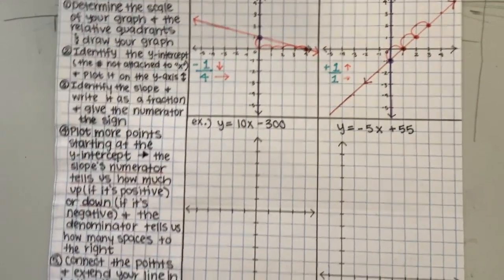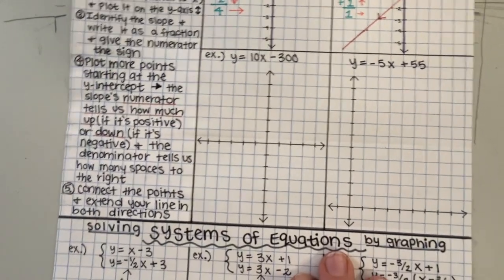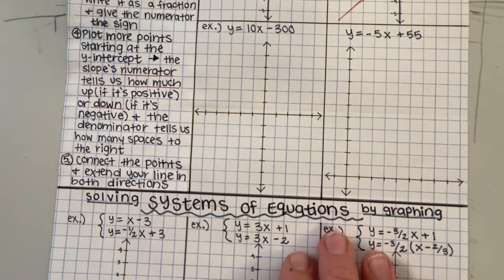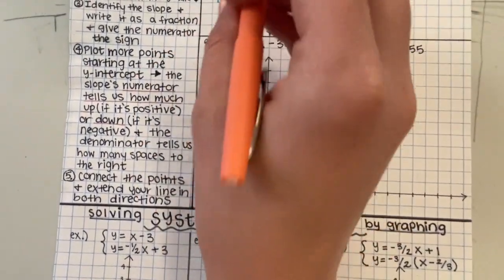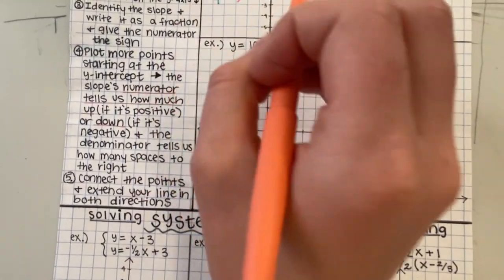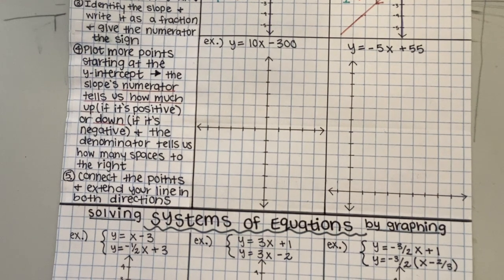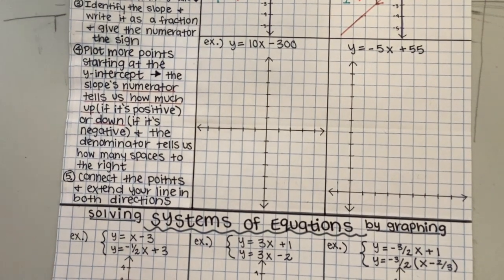Let's go on to some examples that will not use the standard 4-quadrant graph that we count by ones with. So my first step is to determine the scale of your graph in its relative quadrants.